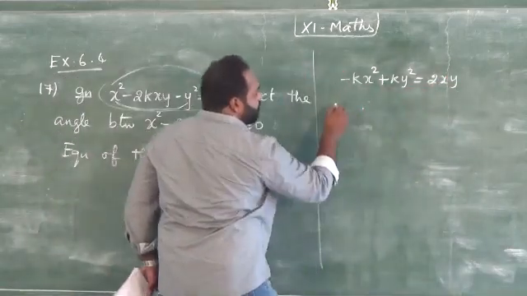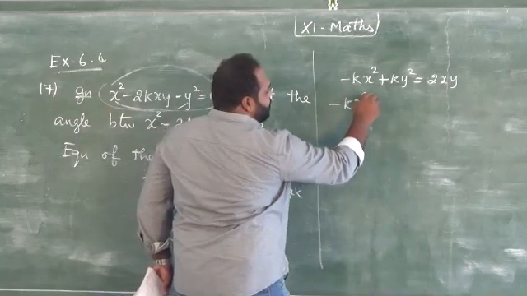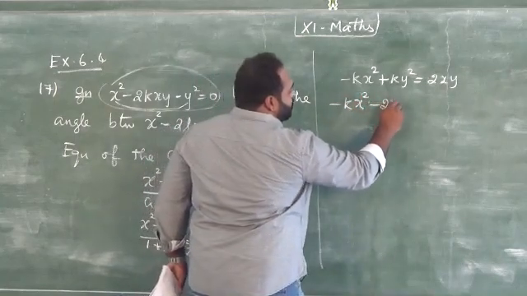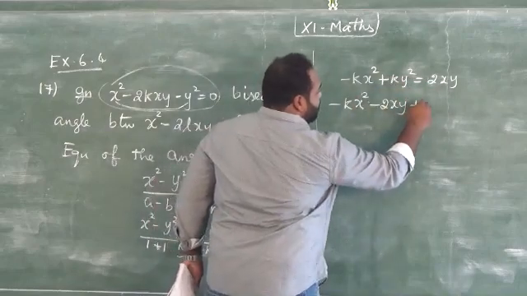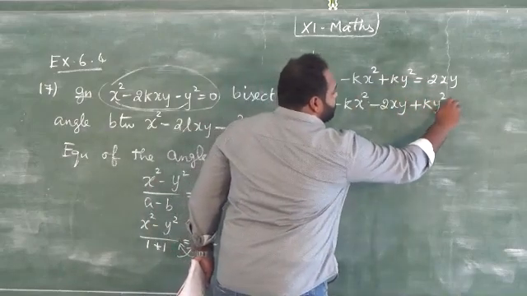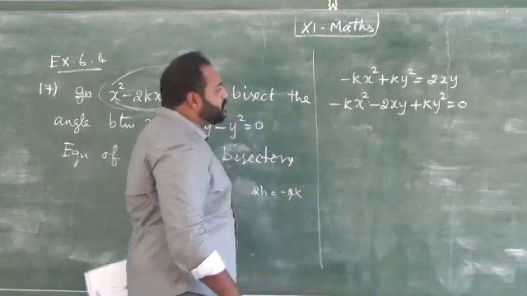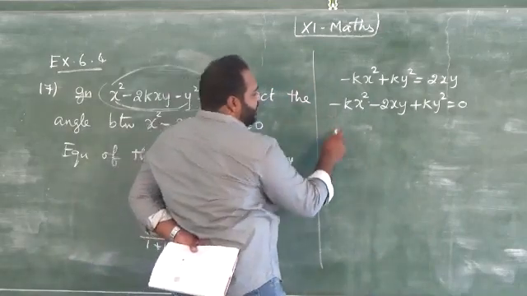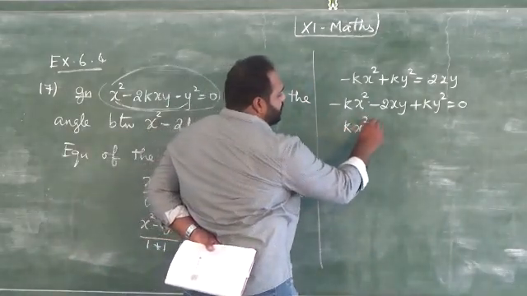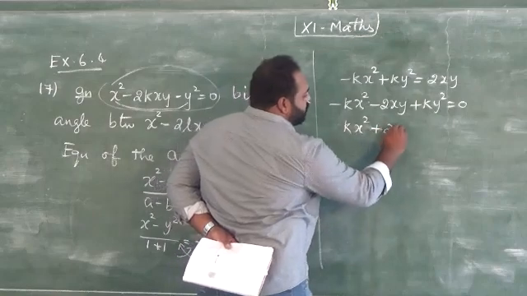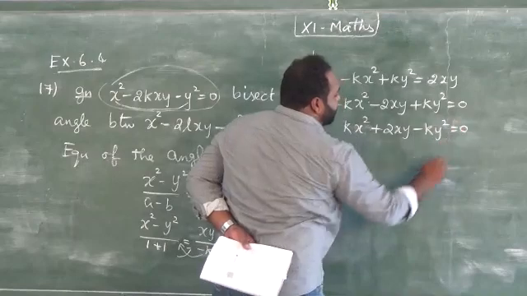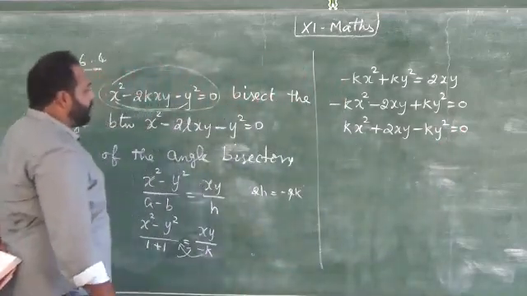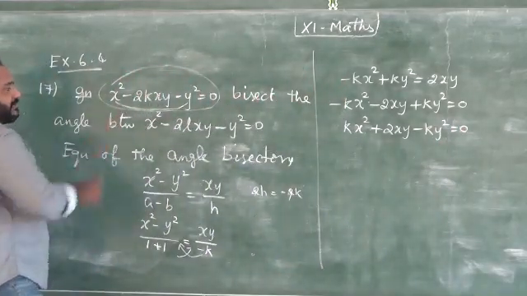So, bring this side: minus kx square minus 2xy plus 2xy will become minus 2xy plus ky square equal to 0. Here I want to change the sign. So, plus kx square plus 2xy minus ky square equals 0. This is the equation of the angle bisector for this equation.